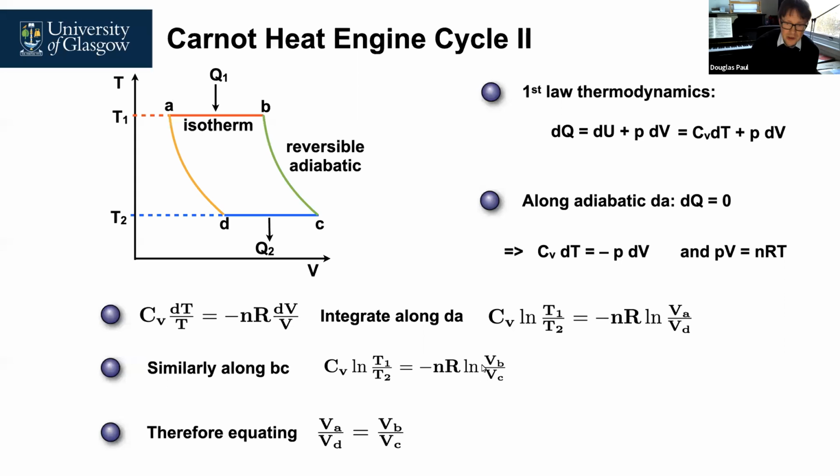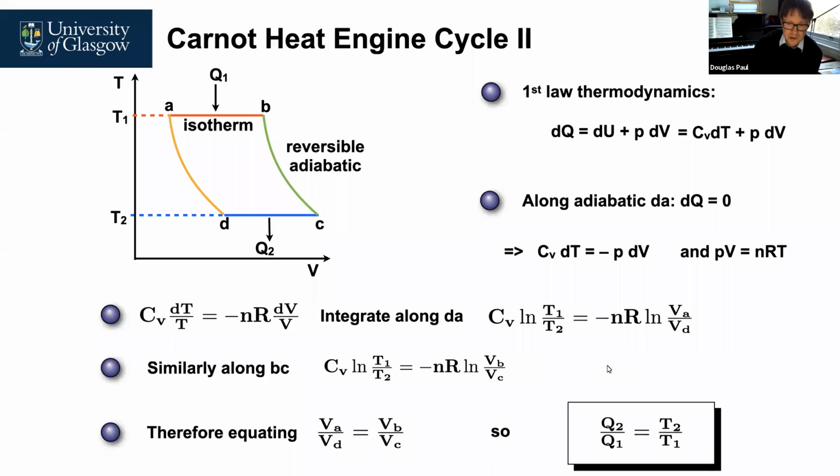We've got log VB over VC equals log VA over VD. If we take an exponential on both sides, we end up with VA over VD equals VB over VC. What that allows us to do, if we go back to equation 1 in the previous slide and substitute in, is that we end up with Q2 over Q1 equals T2 over T1.